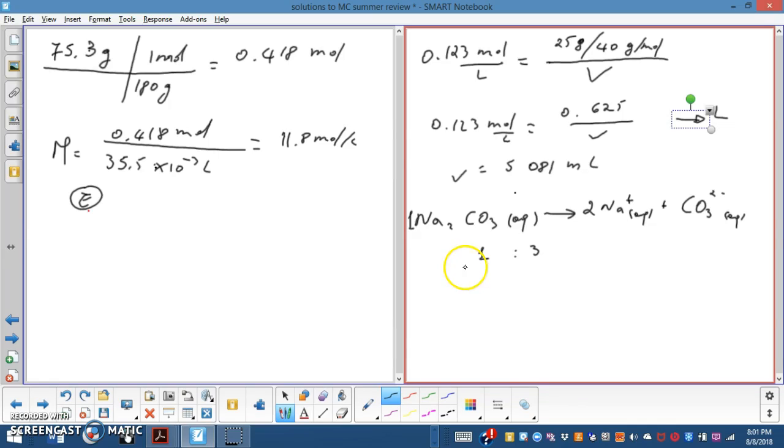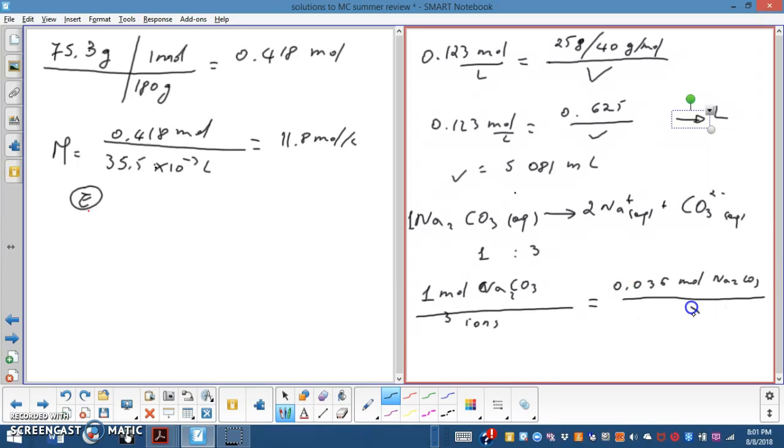So at this point, you have a ratio of, for every 1 mole of sodium carbonate, you have 3 ions, but they give you 0.036 moles of sodium carbonate.